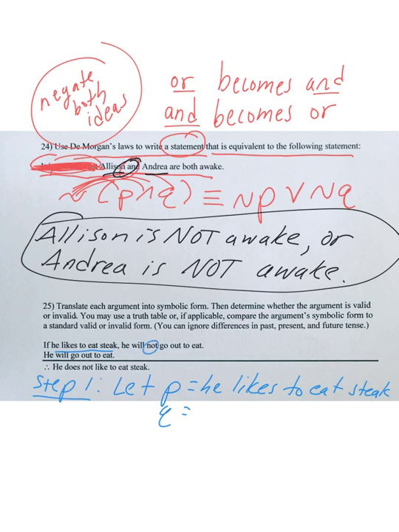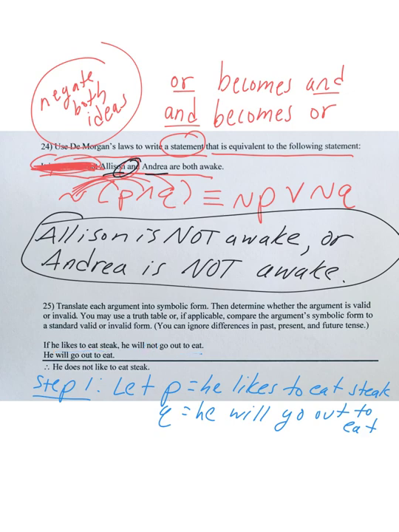Remember, you ignore the word not, you'll bring it back with the squiggle symbol in symbolic form in step 2. And those are the only 2 ideas. As you read the whole paragraph over, it only mentions him liking to eat steak and going out to eat over and over again. So we got just 2 ideas.